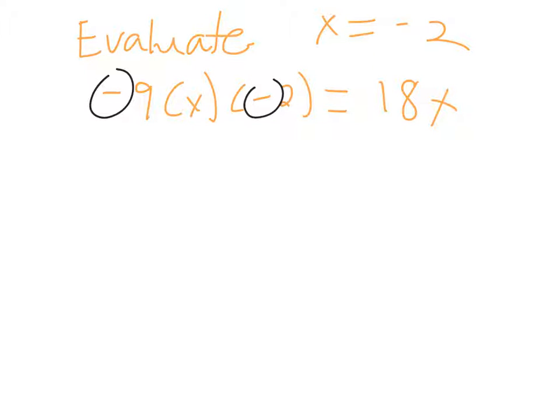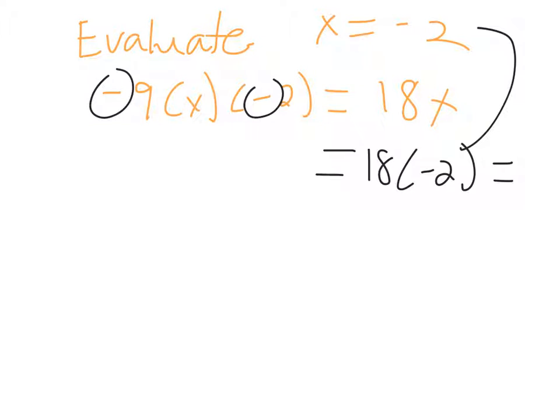So our first part, we end up with 18x. We still have to solve, so it would be 18 times negative 2. We replaced the x that was right here with the negative 2. And now we know that our answer is 36. We only have one negative, so we have a negative product for that example.